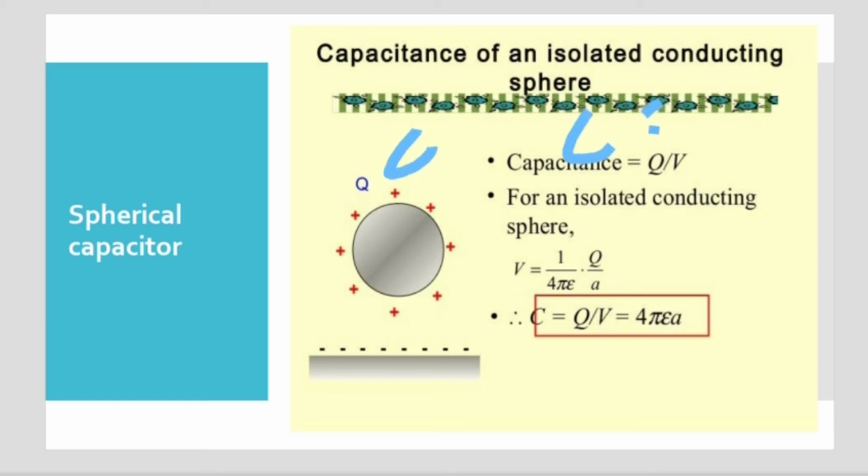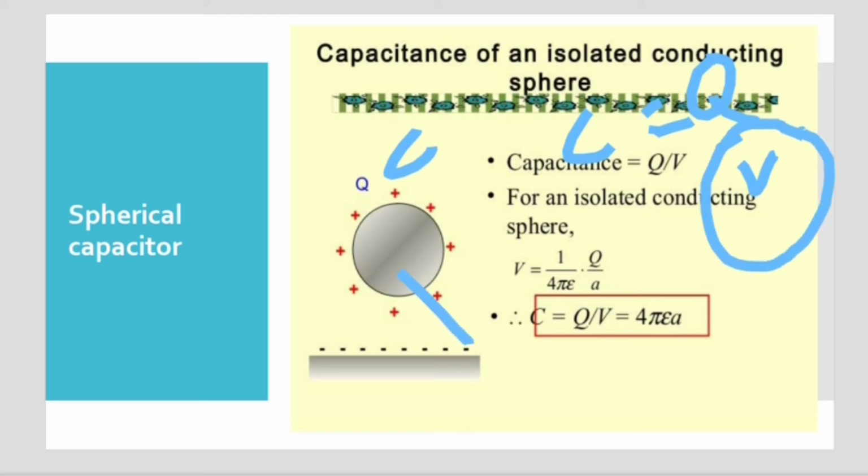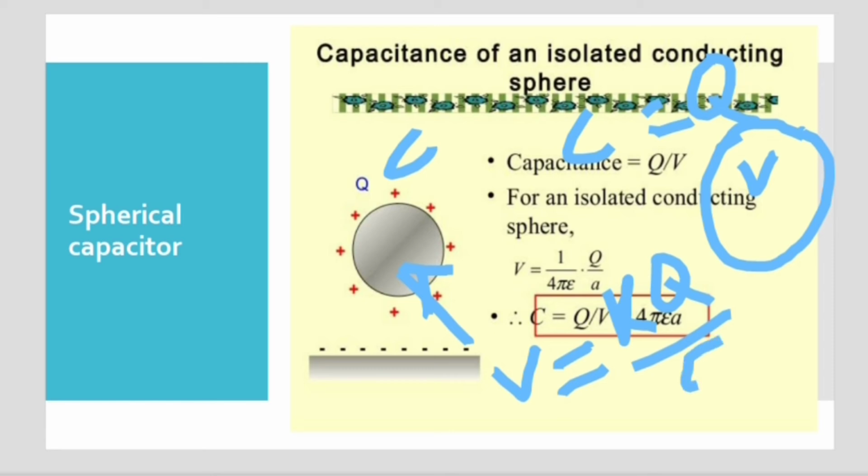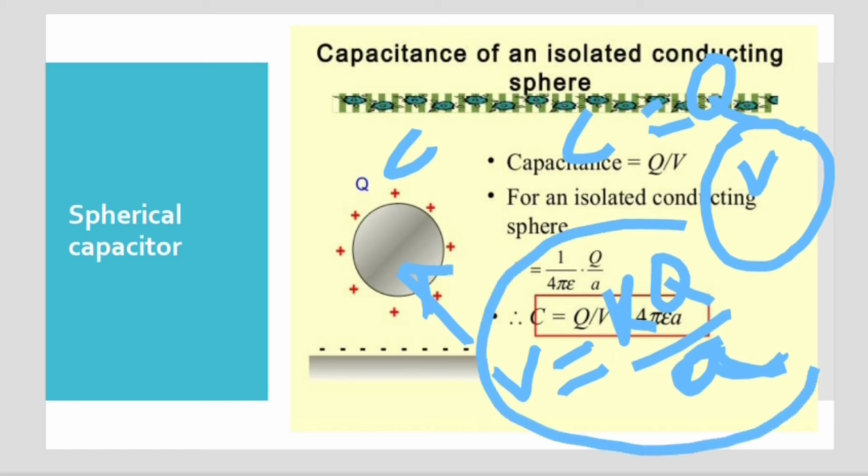So C equals Q by V is the general formula we have just learned. Now what is the value of V for the sphere? We can write V equals KQ by R, or KQ by A, whatever you are taking as the radius, right? Now if you take the ratio, write it down because I am going to erase it.